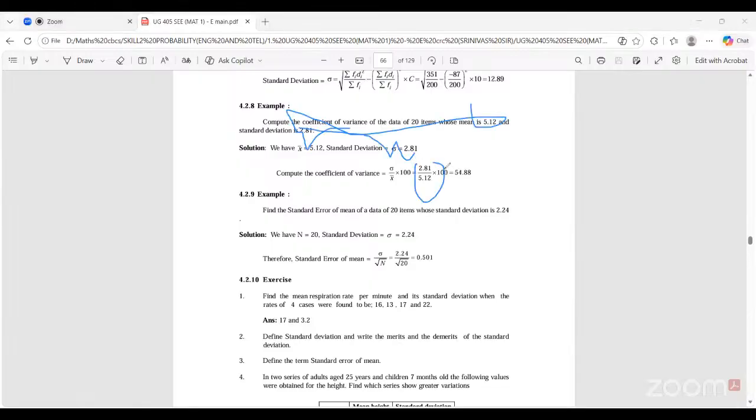So 2.81 by 5.12 is equal to 54.88. And the standard deviation of the data 20 is 2.24. The 2.24 by root 20 is equal to 0.501.